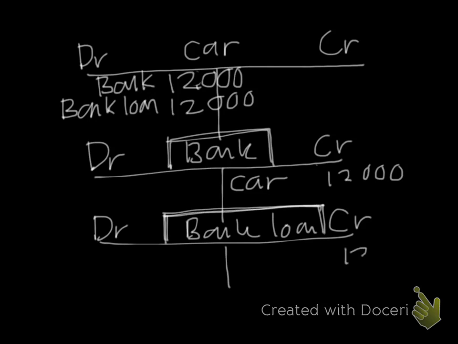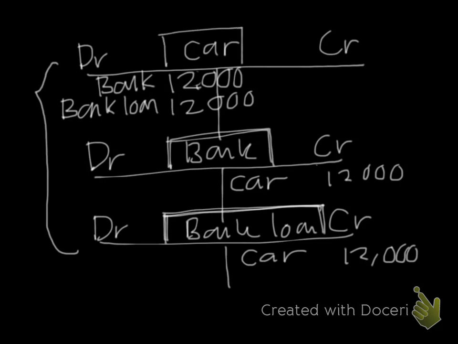How much the bank loan that we made? 12,000. Why we made a bank loan? Because we bought a car. So that it shows that the transaction completed with the 3 accounts involved. I hope until now you should understand on how to record the transaction in the T account.